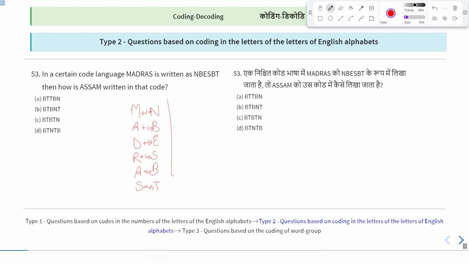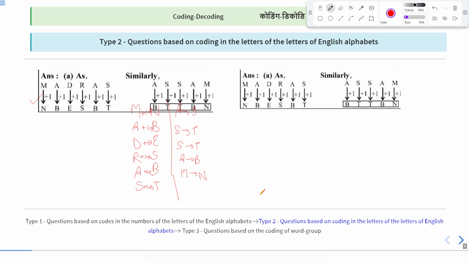So similarly, for ASSAM, A will become B, S will become T, M will become N. BTTBN. That is the answer.